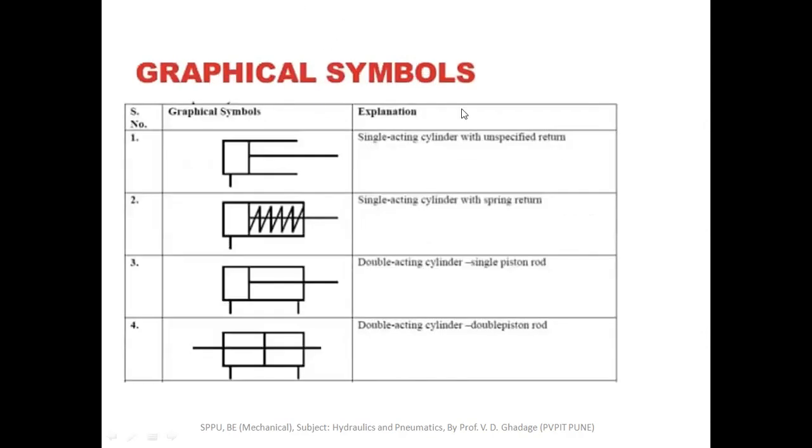So, graphical symbols of the cylinder: single acting cylinder with unspecified return stroke. This is the symbol of a single acting cylinder with unspecified return stroke. Second, single acting cylinder with spring return.